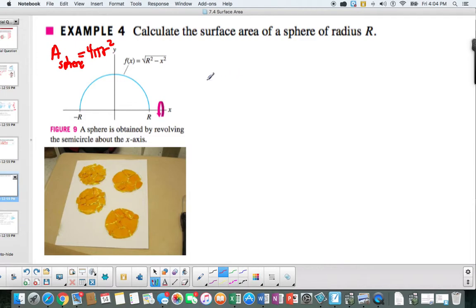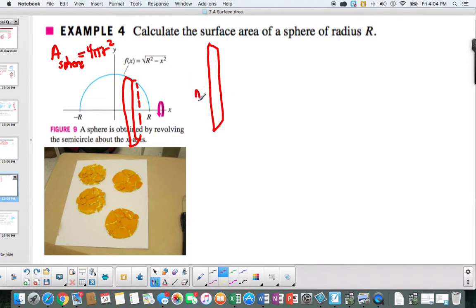All right, so this is going to revolve around the x-axis, so that's going to make a whole sphere. The sphere is going to go all the way around, like here, and this is going to be a strip.